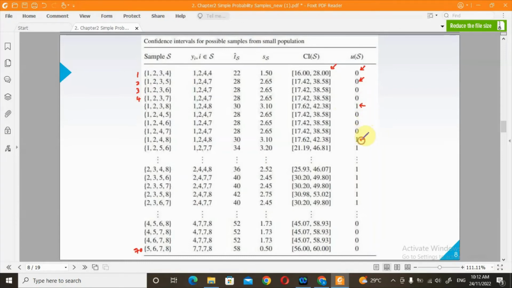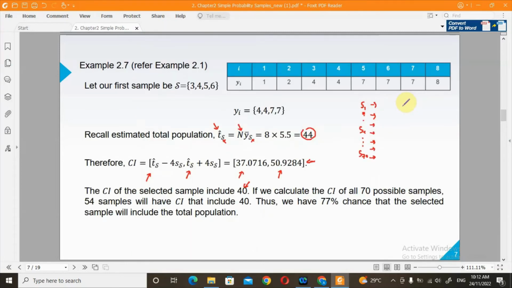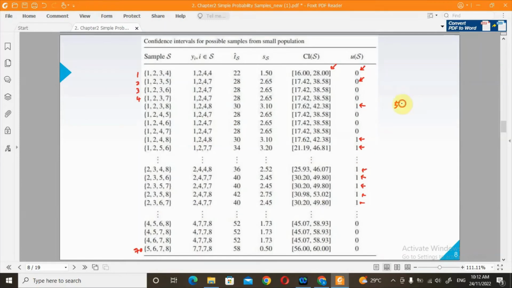If you look here, we have a few 1s here, and if we calculate everything, you will obtain 54, right? 54 or 55. Let's look at 54. 54 samples will include 40 in their confidence interval.